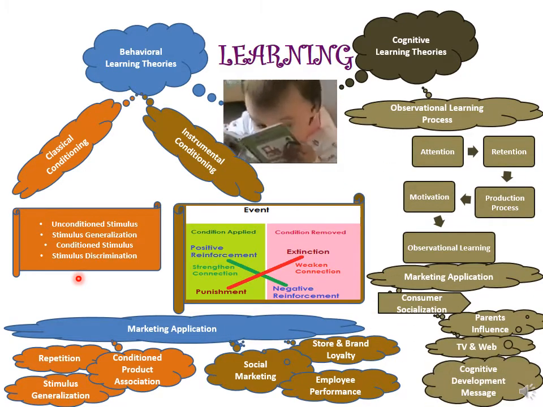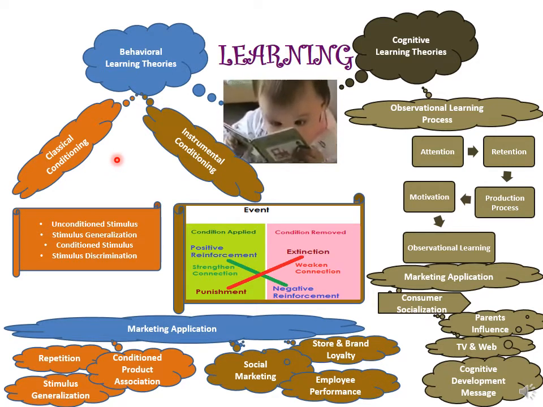Okay, so in this mind map, I'm going to explain first about learning. So how do we learn and what is learning? Learning is a relatively permanent change in behavior which is caused by experience, and the learner need not have the experience directly.